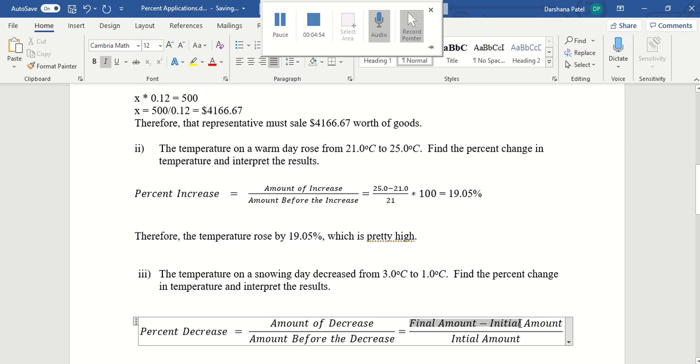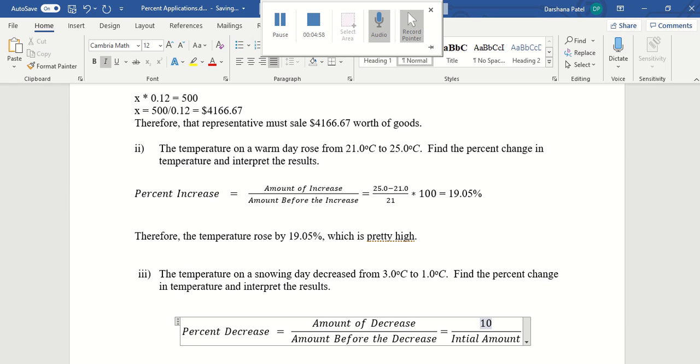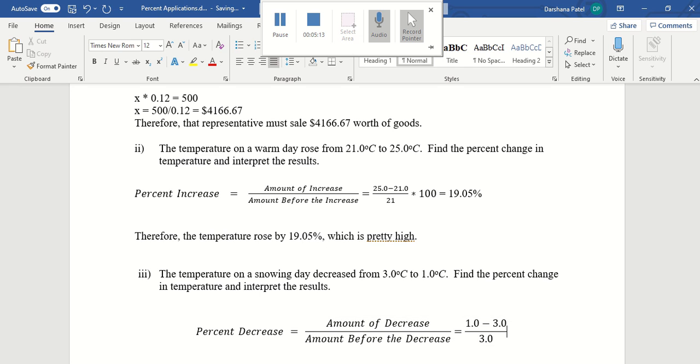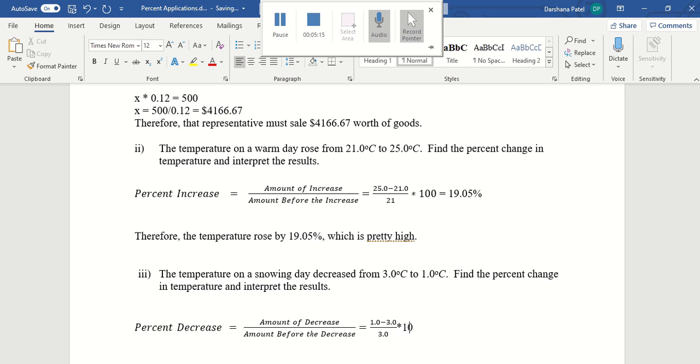In our case, it will be 1.0 subtract 3.0 divided by 3.0, and again we'll multiply by 100 to convert into percent.